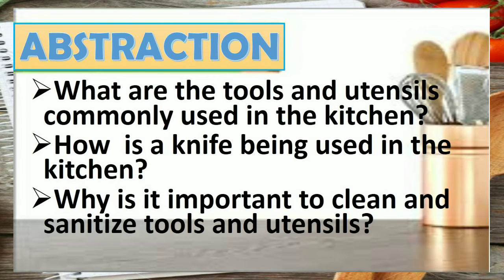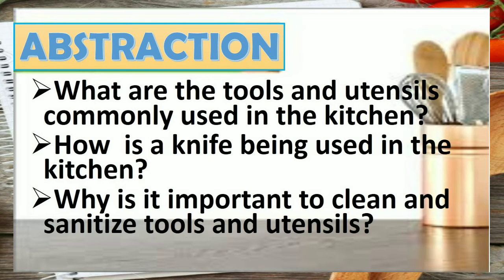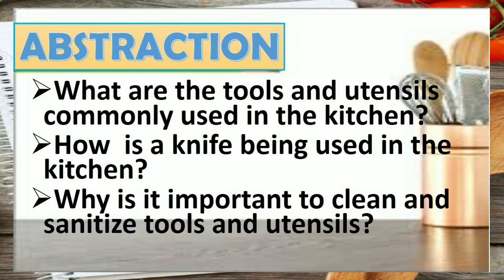What is the proper ladle that we use? Is it the steel or stainless one? Okay, so we use a wooden spoon or ladle to avoid scratching our Teflon pan. Okay, so those are just some common tools and utensils that we have in our kitchen.